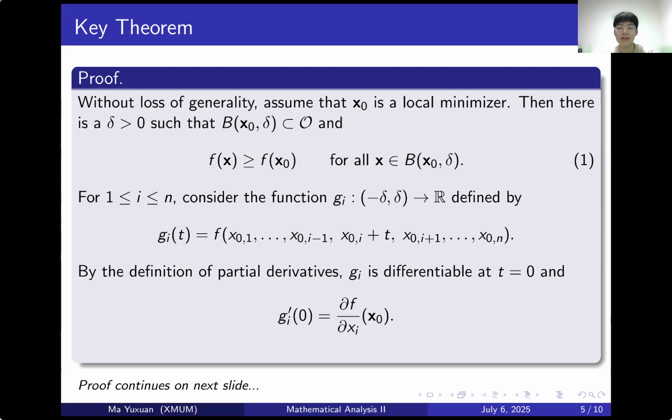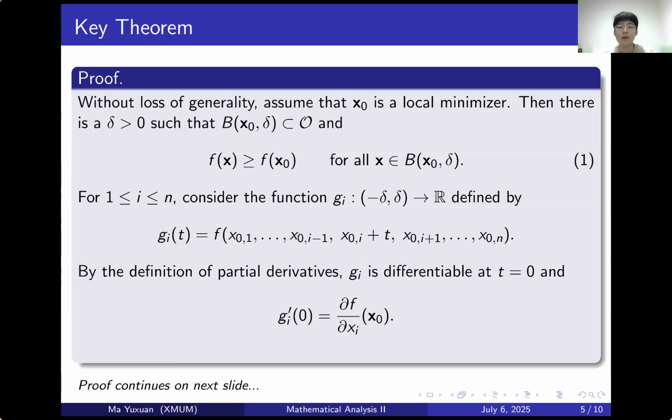That just means in a small ball centered at x0, f(x) is larger than or equal to f(x0), no matter which direction you go. Left, right, up, down, or diagonal. f doesn't decrease around x0.